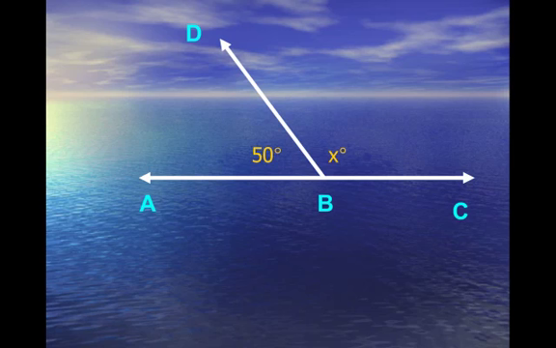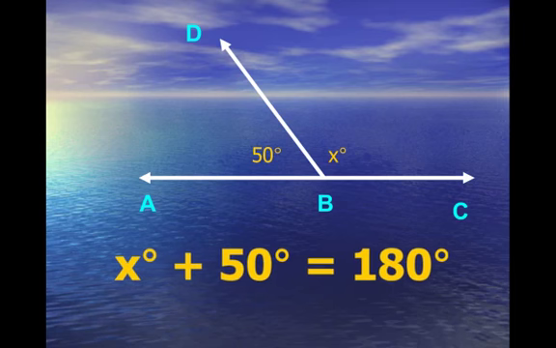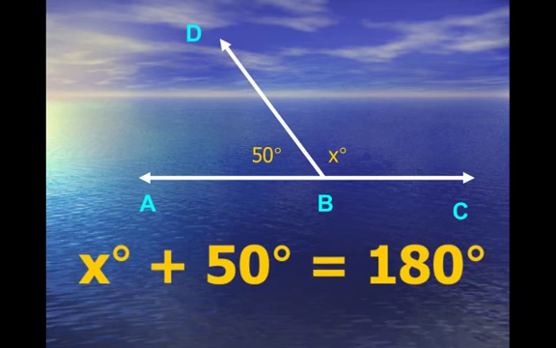And now it is made up of two smaller angles. The first of the angles has the letters DBA, and the second angle has the letters DBC. The angle DBA measures 50 degrees. The other angle, DBC, is unknown. It's x. But we know because they're supplementary that they add together to make 180 degrees.